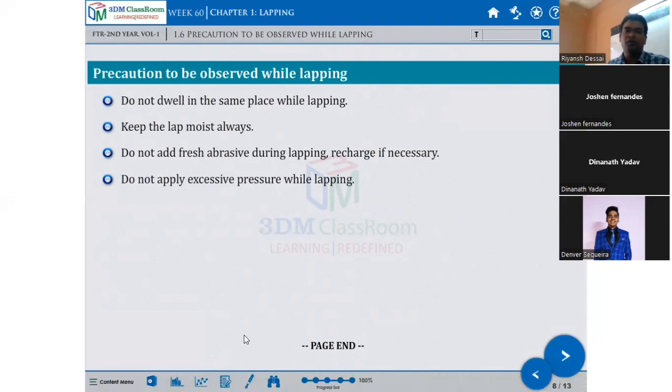Do not add fresh abrasive during the lapping; you should not recharge immediately. Do not apply excessive pressure while lapping.